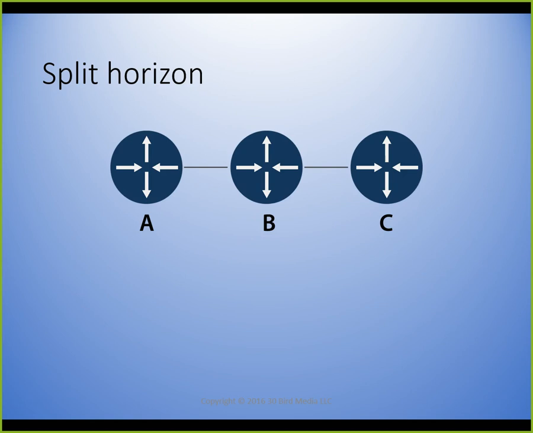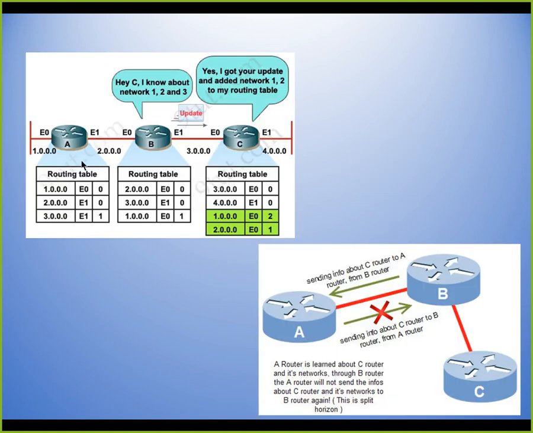What that's for is when a route goes down, for instance, and we haven't updated all of the routing protocols, we're not in convergence yet, and then B or C wants some information. Let me go to the next slide. Let's say that we have all these guys updating, and C says, yes, I got your update, and added 1 and 2. So he sent 1 and 2 to this guy here. So he has networks 1 and 2. It has a path to them in the route table.